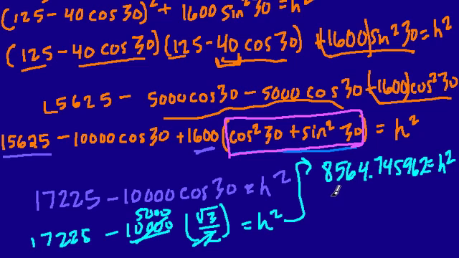Let's just round to the nearest whole number, because this is our problem and we're designing it. And since there's a 7 here, I'm rounding up to 8,565 equals h squared. Well, I want to know what h is, right? Not the hypotenuse squared. I want to know how long the hypotenuse is. So we take the square root, and h equals the square root of 8,565.